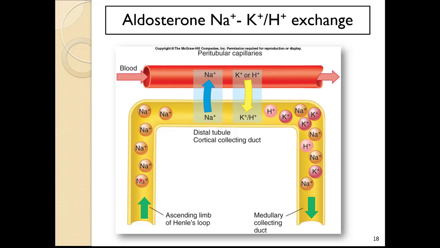You can see that within the distal convoluted tubule in the filtrate there's a bunch of sodium, and we can recapture this if aldosterone will come down to these cells and basically cause these cells along the edge of the tubule to pull sodium into the blood in exchange for potassium. They will sometimes exchange for hydrogen ions, but typically only if the blood is quite acidic.